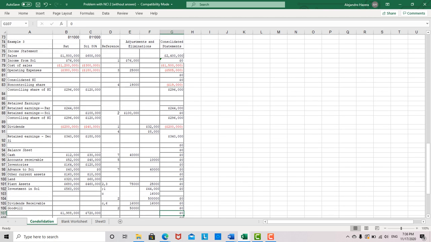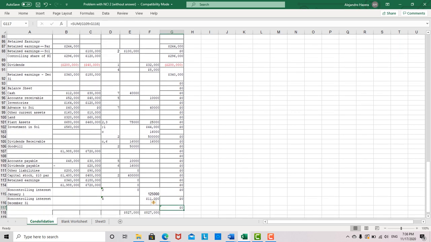Now we just finish the balance sheet. Make sure to bring the retained earnings, 340, down, and of course the 340 equals the parent's retained earnings. Cash is 12 plus 30 plus 40, so cash is 82,000. Accounts receivable is 52 plus 40 minus 10.